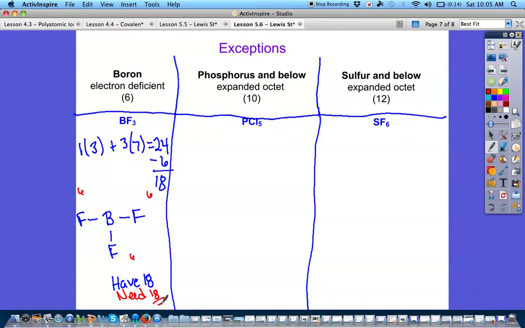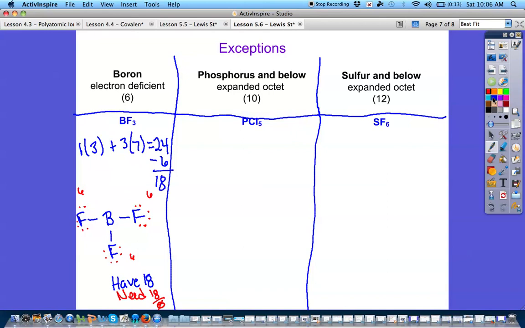So now we can just apply the dots to our Lewis structure. So that is boron trifluoride.